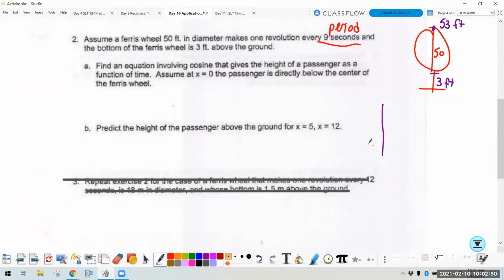So if I'm going to sketch a picture to help me write my equation, assume when x is 0, the passenger is getting on right at the bottom of the wheel. So that's at 3 feet. It takes 9 seconds to go all the way around. So halfway will be at the top for 53 feet.